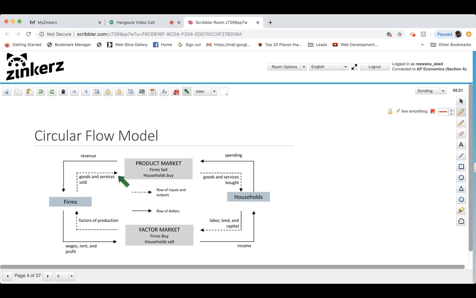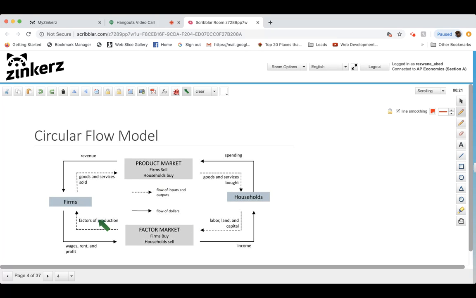So these are outputs, when we're talking about goods and services. But households also sell something to firms or businesses, which are the factors of production. So they sell labor, land, capital, entrepreneurship, all those things in the factor market. And firms then use these factors of production to produce those goods and services.